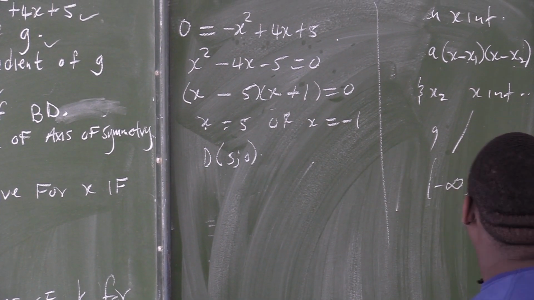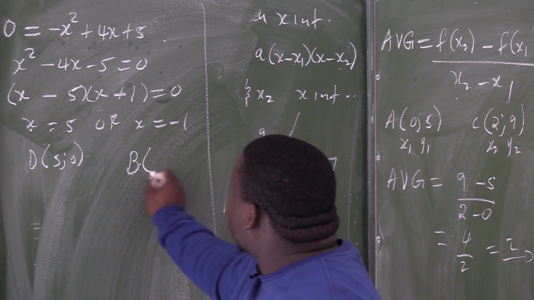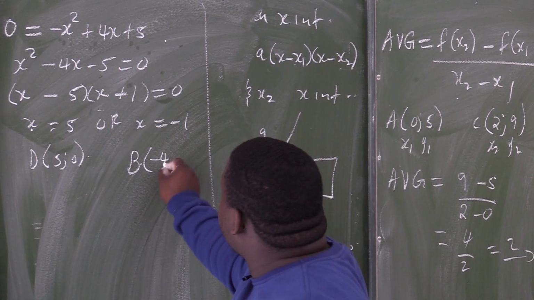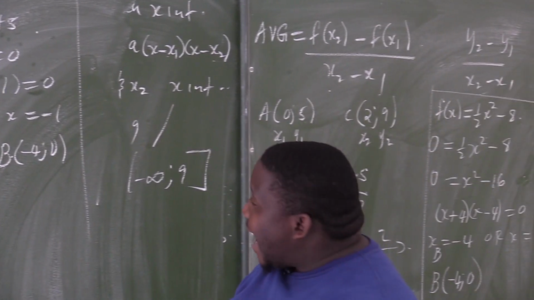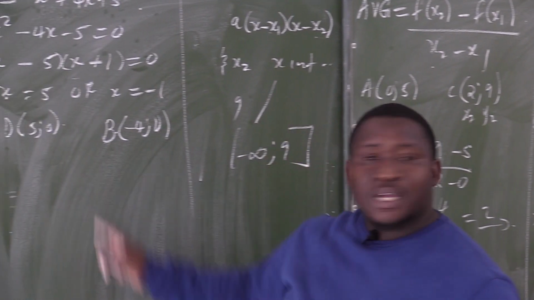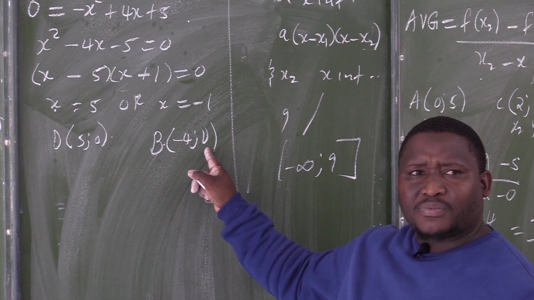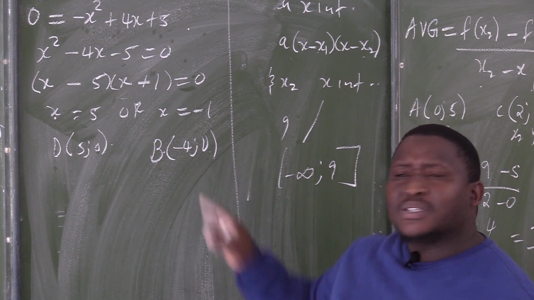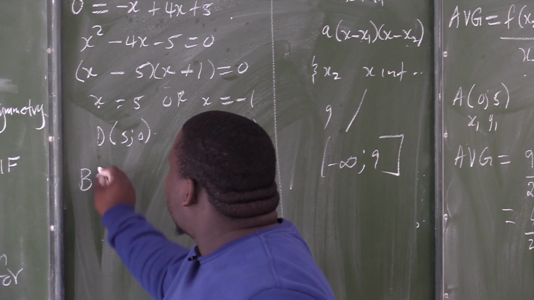Now, we know the coordinates of D, we know the coordinates of B. Remember, for B, we obtained the coordinates to be negative 4 and 0. Now, let us find the distance of PT. Do you realize that here, for PT, we do not need to make use of the distance formula because the values of y are the same. If the values of y are the same, it means the movement is only horizontal. It means if I'm looking for the length of PT, it's the horizontal length.